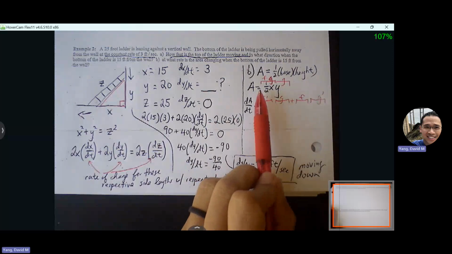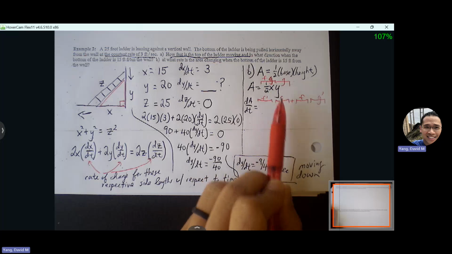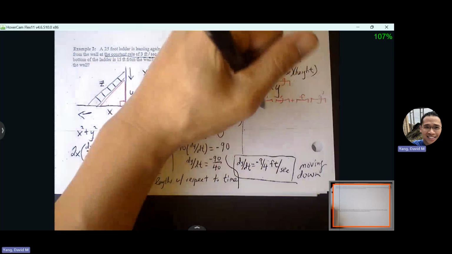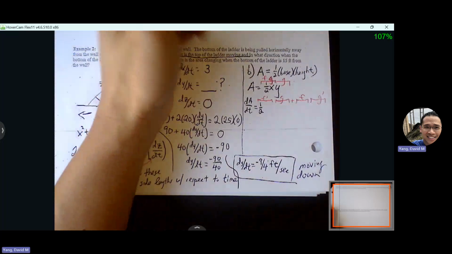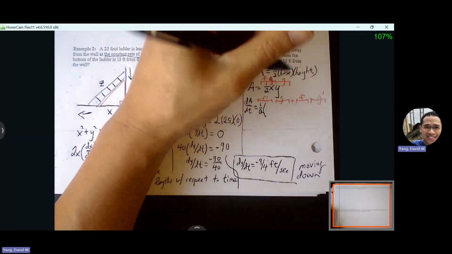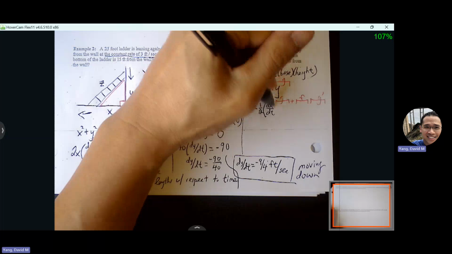Okay, 1/2 x. What's 1/2 x's derivative? 1/2. But what happens with x? Everything is impacted by time, so x becomes dx over dt. Before it would become 1, but now the related rates is going to impact every variable, since now time is the independent variable, no longer x.